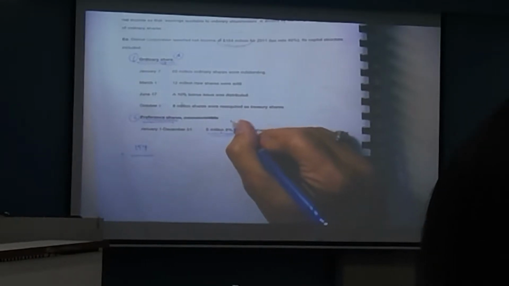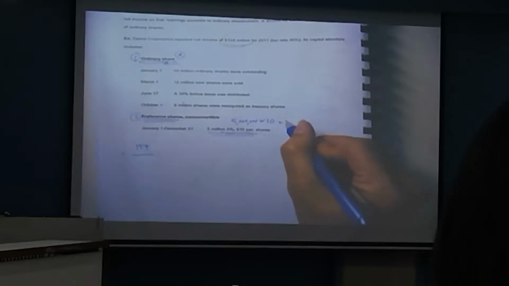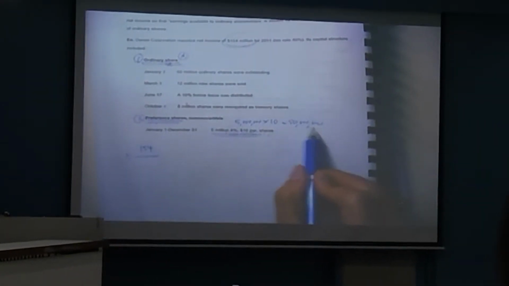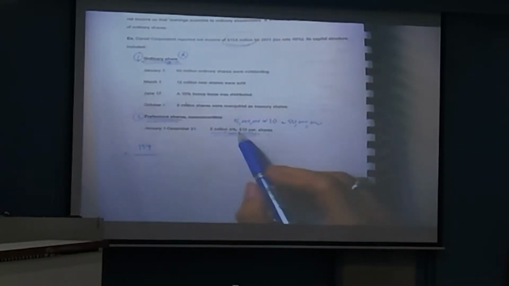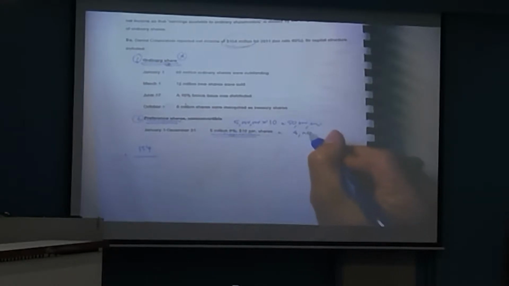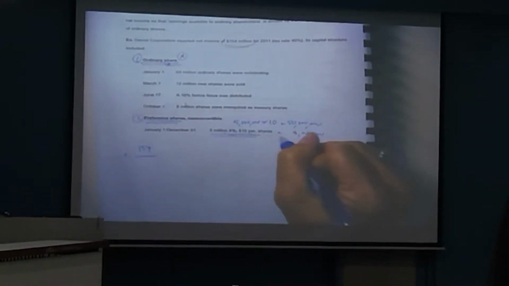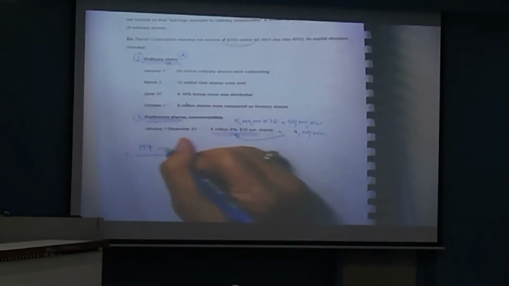So think about this. 5 million shares multiplied by the par 10, you get 50 millions. This preference share has the right to claim the dividend of 8% of 50 millions, which is 4 million. This is going to be the dividend belonging to the preference share. Of course, we need to charge it from the earnings here. So you need to subtract 4.